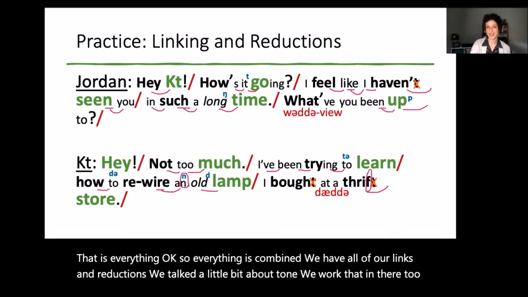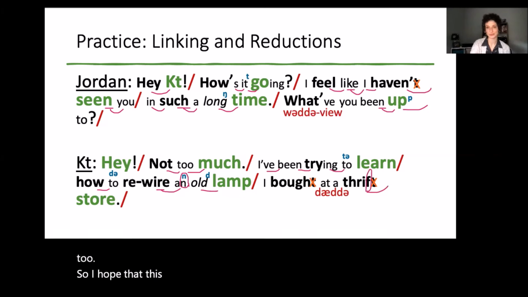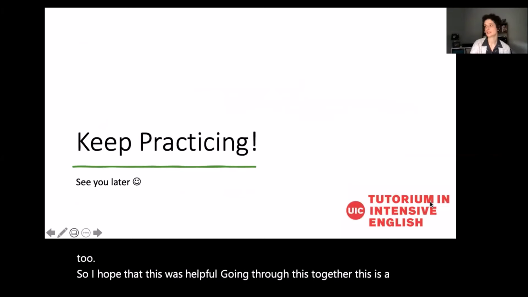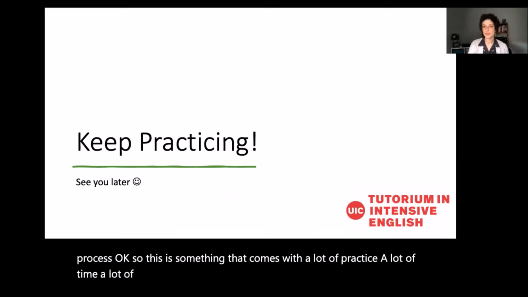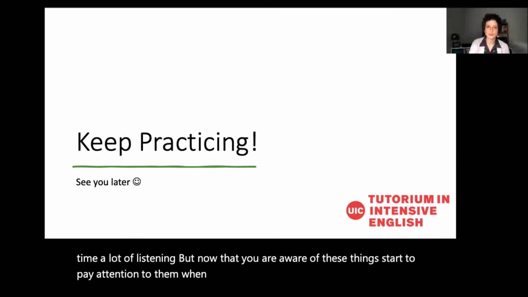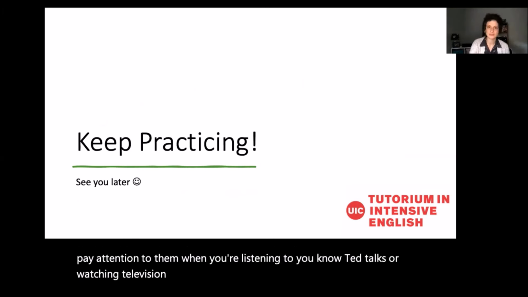So I hope that this was helpful going through this together. This is a process, okay? So this is something that comes with a lot of practice, a lot of time, a lot of listening. But now that you are aware of these things, start to pay attention to them when you're listening to TED Talks or watching television or interacting with native speakers in real life.